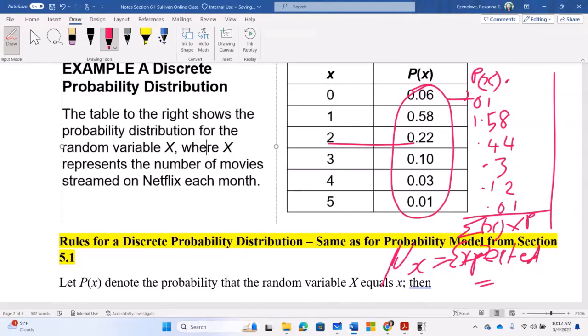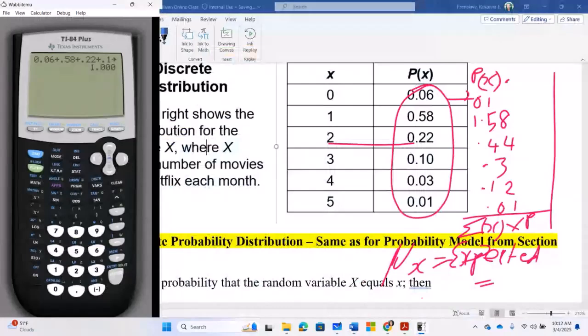So I'm going to get the expected value now. I'll get a calculator and add the multiplication of each random variable by its probability.